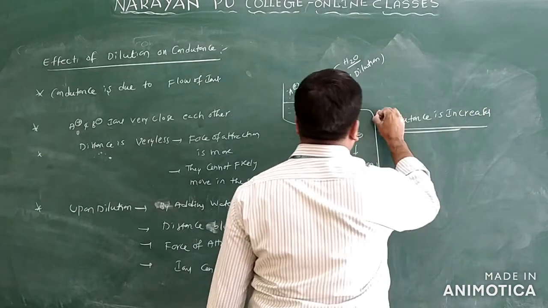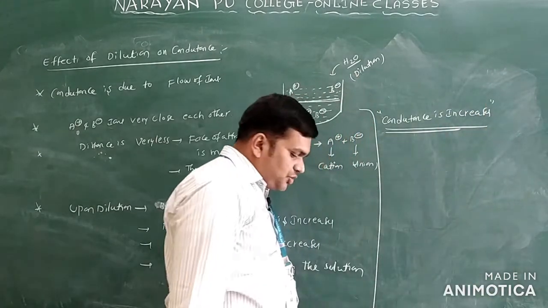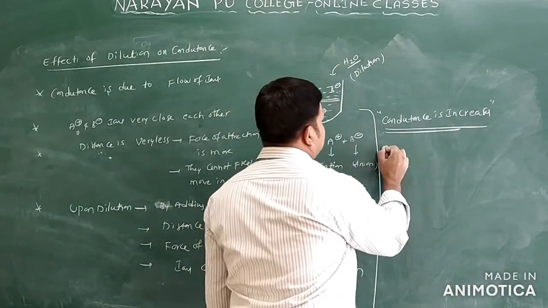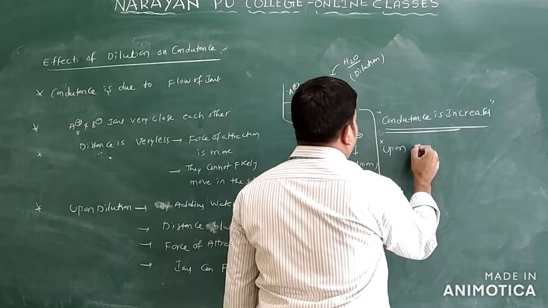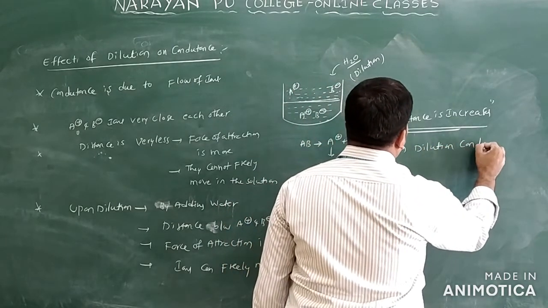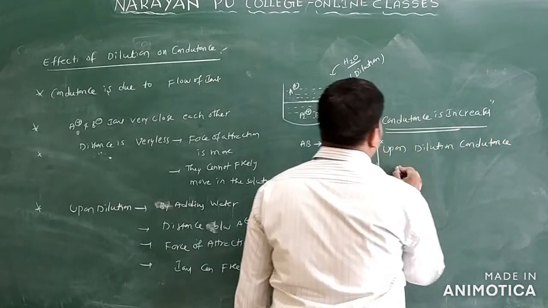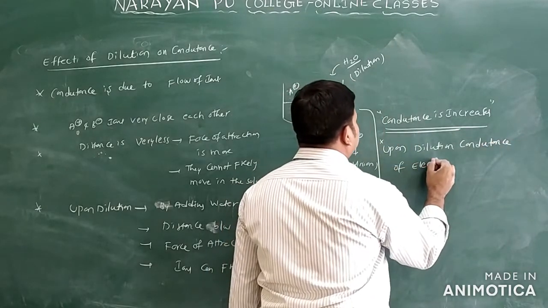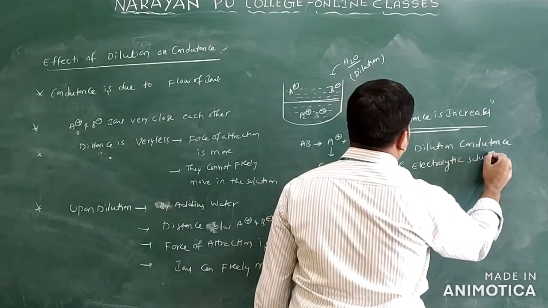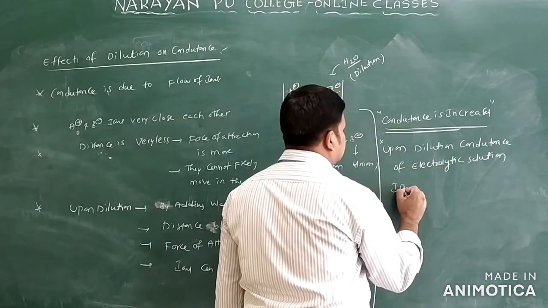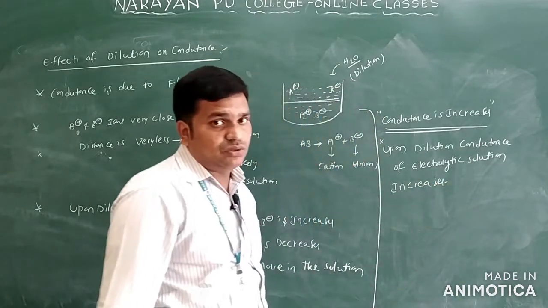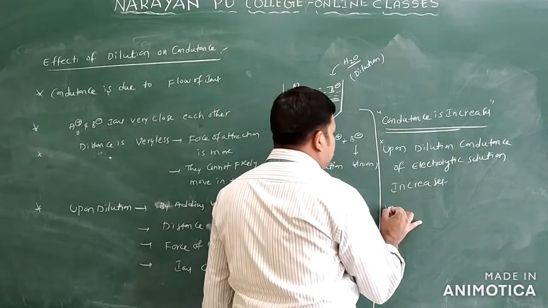So we will write one point. Upon dilution, the conductance of the electrolytic solution increases only. I will write one point here: upon dilution, conductance of electrolytic solution increases only. You will see one more point here.